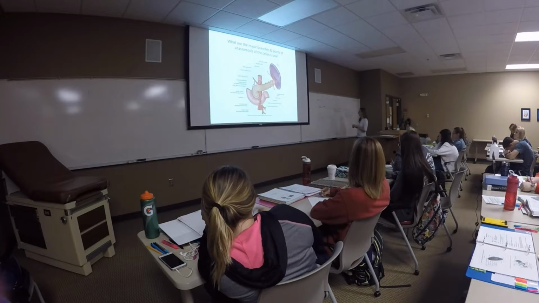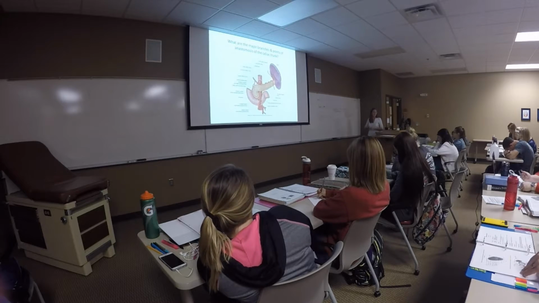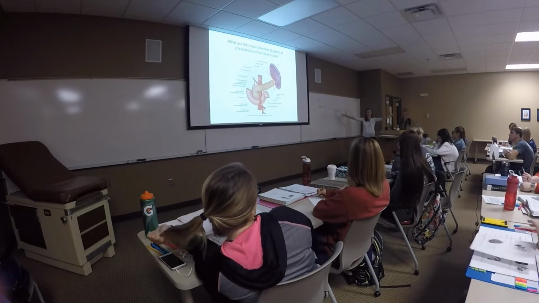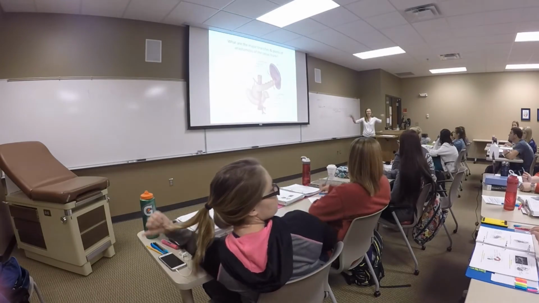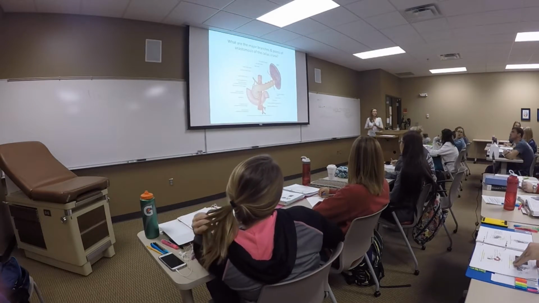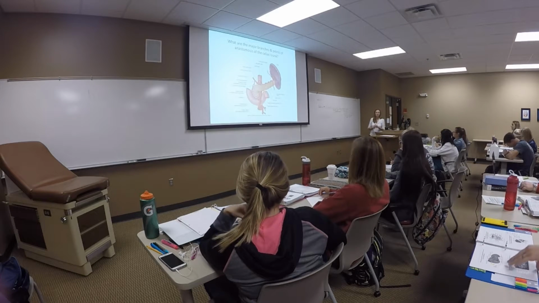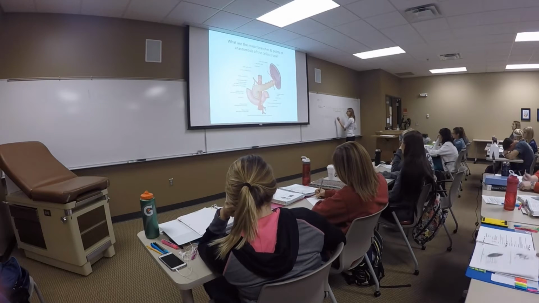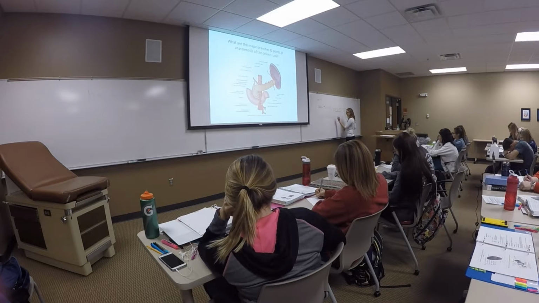Okay, what others come off of the SMA? There's a whole group of them we call the, is that better? Can you guys see better? Okay. Jejunal, right, ileal arteries, yep. Jejunals first.